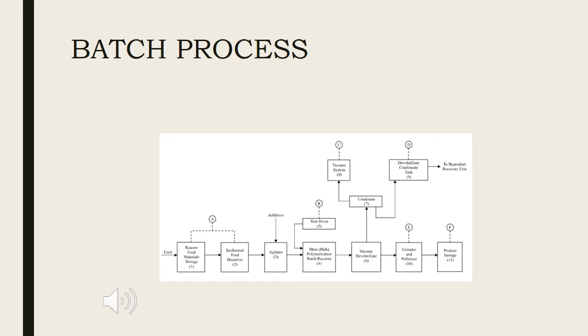Pure styrene monomer is pumped from storage, which is unit number 1, to the feed dissolver, which is unit number 2. From the feed dissolver, the mixture usually is fed to an agitated tank, which is unit number 3. Here the melt is agitated for 4 to 8 hours.